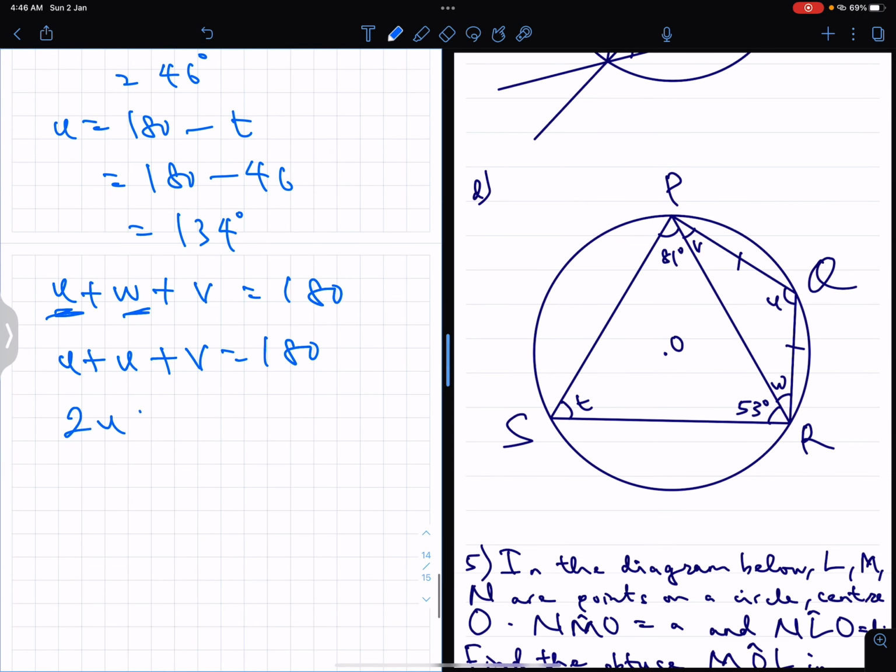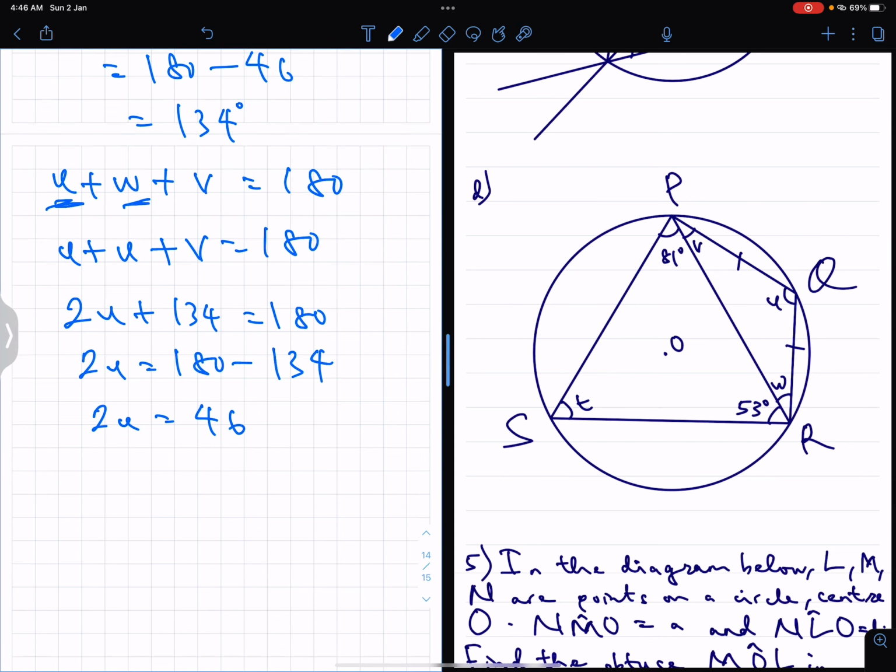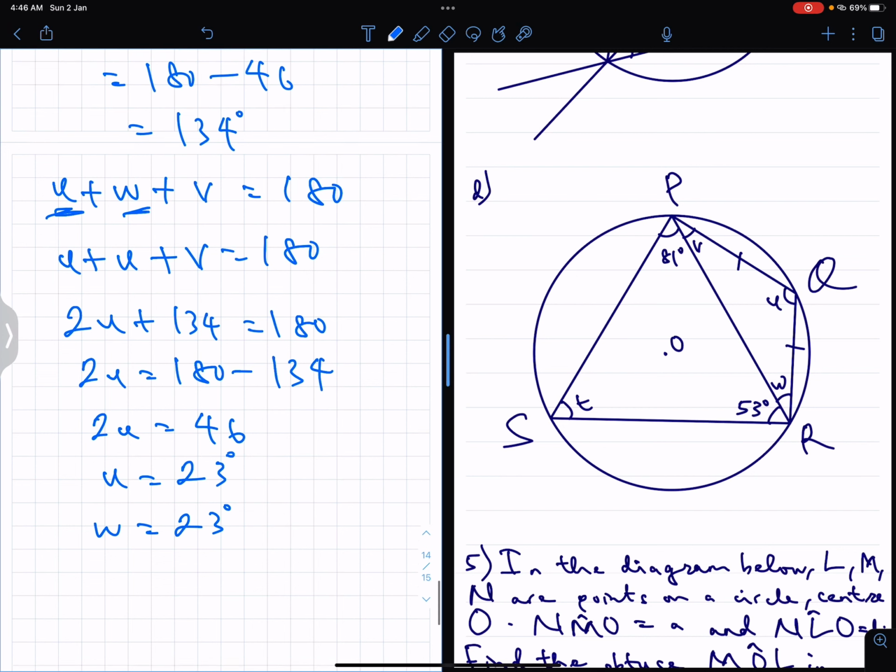And that simply means 2V plus 134 equals 180, which means 2V equals 180 minus 134. And that means 2V equals 46 degrees, and V is therefore 23 degrees. Which means W is also 23 degrees.